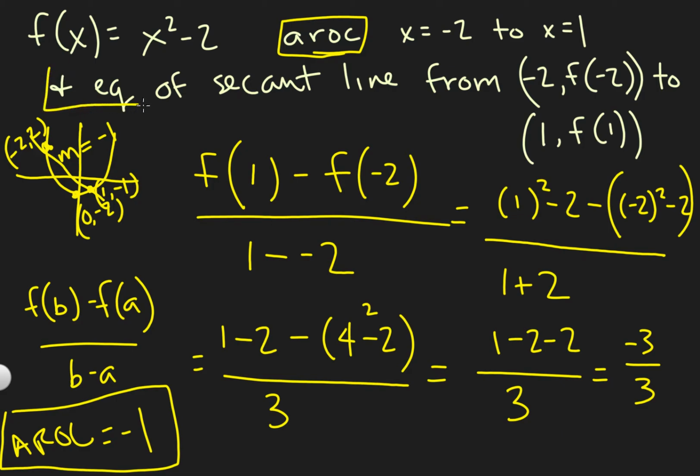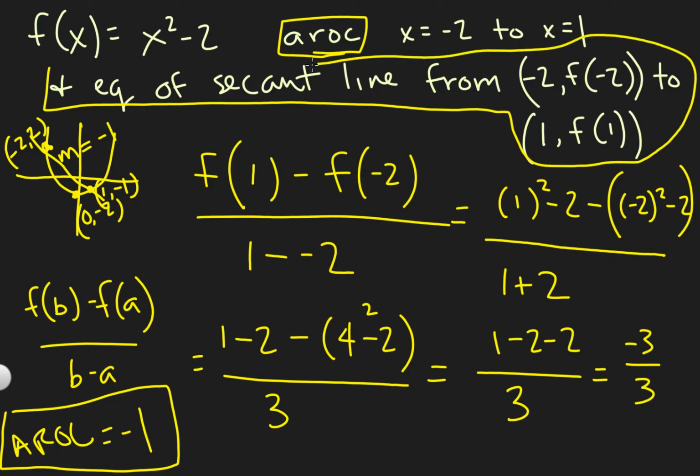The question also asks for the secant line, the line that connects those 2 points on your graph. So you can see here we've got the slope. Either one of these points works to find the actual equation. I'm going to put it on another page here.